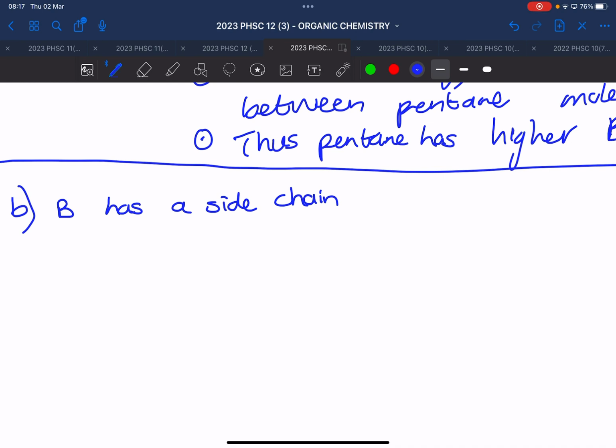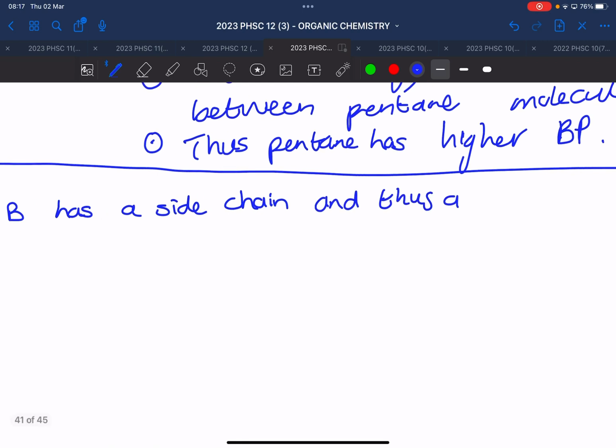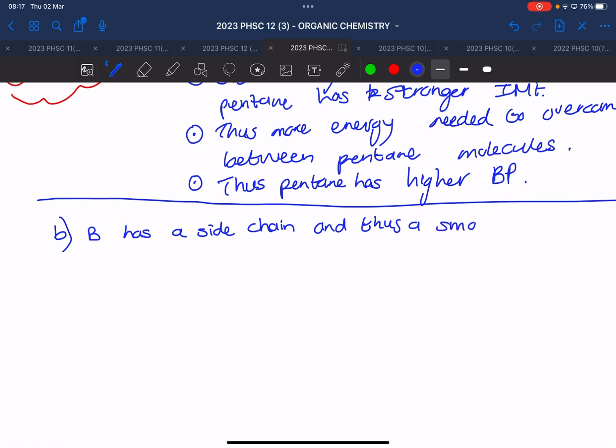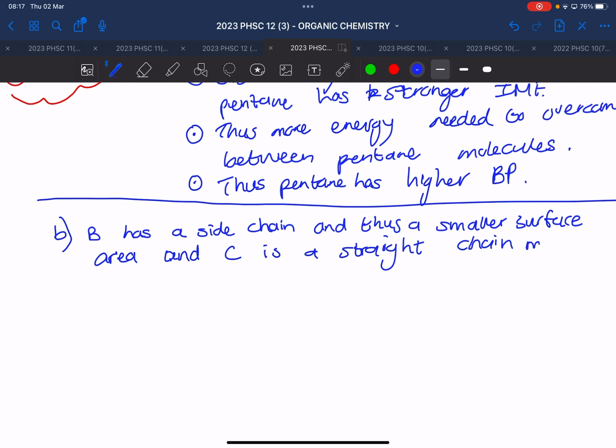Methyl is a side chain. Okay, B has a side chain, and thus a smaller surface area, and C is a straight chain molecule. Okay, stating the obvious difference.